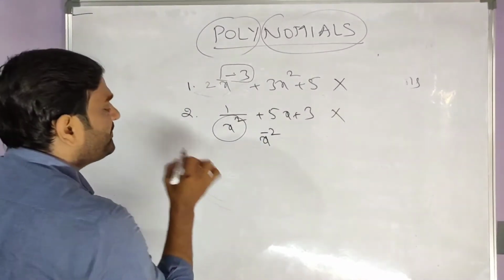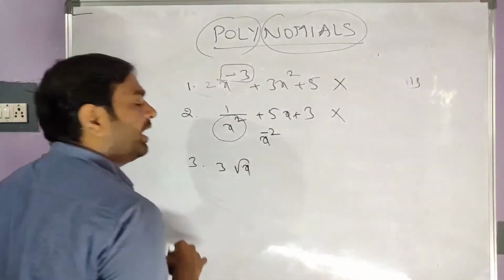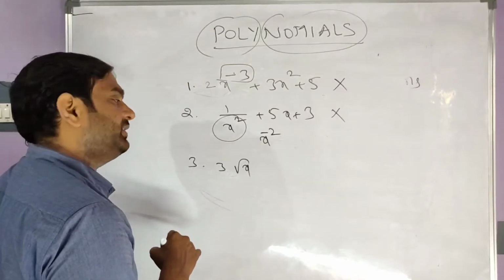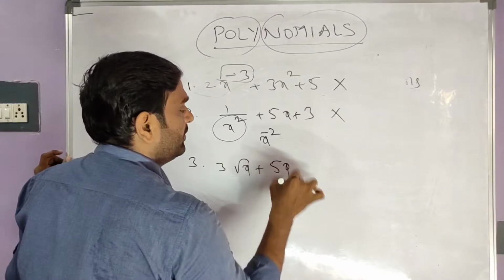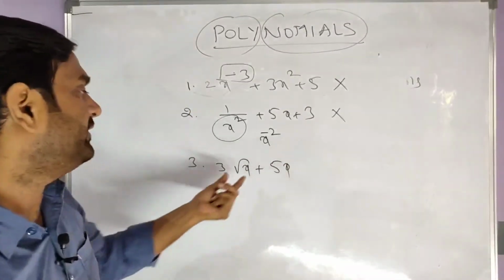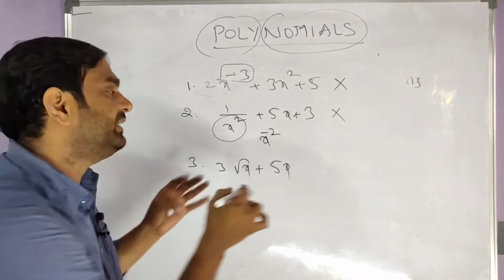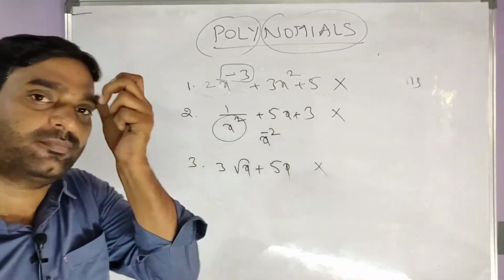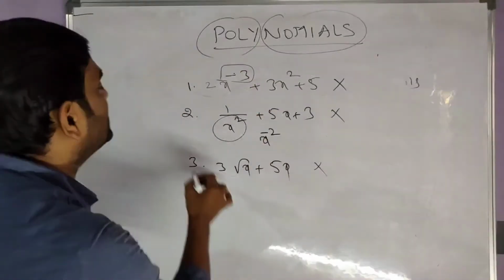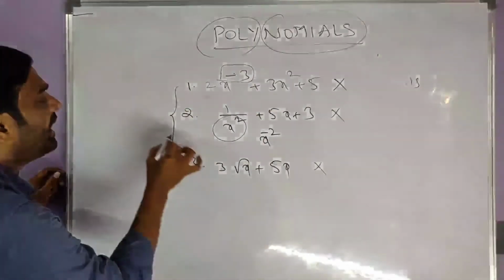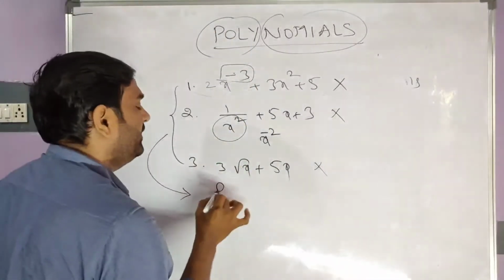And the third one, if a variable has a root, either square or cube, whatever, in the expression, then it's not a polynomial. Now if an algebraic expression does not fall under these three conditions, then it is called a polynomial.